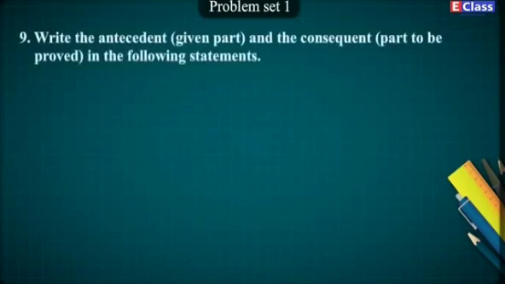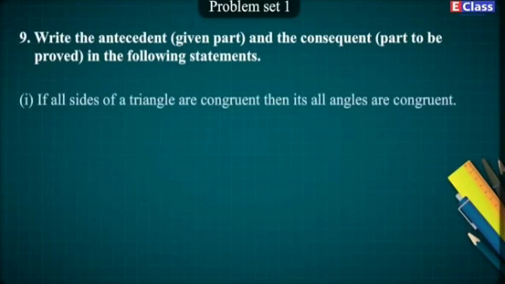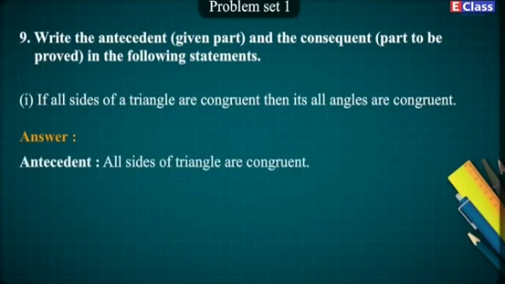9. Write the antecedent, that is, given part, and the consequent, that is, part to be proved, in the following statements. 1. If all sides of a triangle are congruent, then its all angles are congruent. Answer. Antecedent. All sides of a triangle are congruent. Consequent.